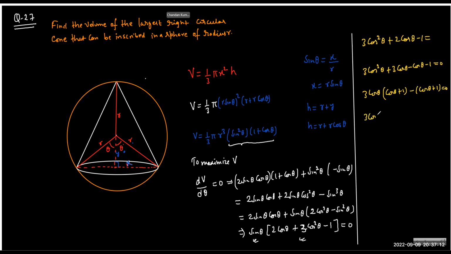So what we get is 3 cos theta minus 1 into cos theta plus 1. Wow. And this we can solve, right? So there will be two answers. Cos theta will be either 1 by 3 or minus 1. Again, which one do we have to reject?